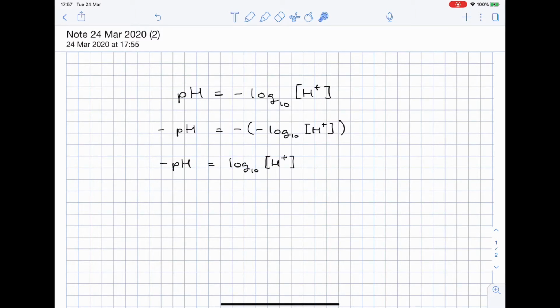So what we do next is we use the inverse function of log to the base 10, which is 10 to the power of, and apply it to both sides. So we have 10 to the power of minus pH equal 10 to the power of log to the base 10 of H plus ions. 10 to the power of log to the base 10 would cancel each other, so we'll be left with just H plus concentration.